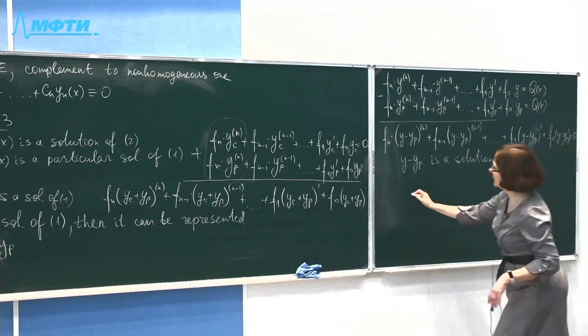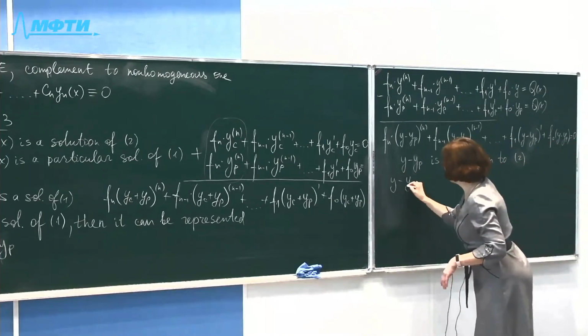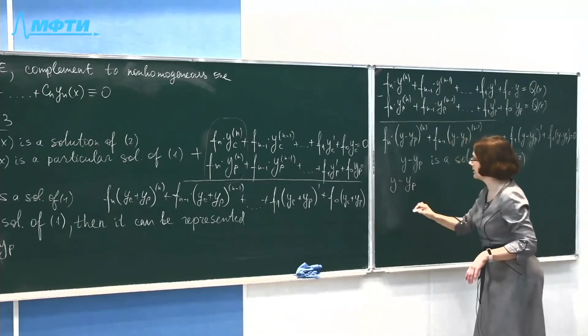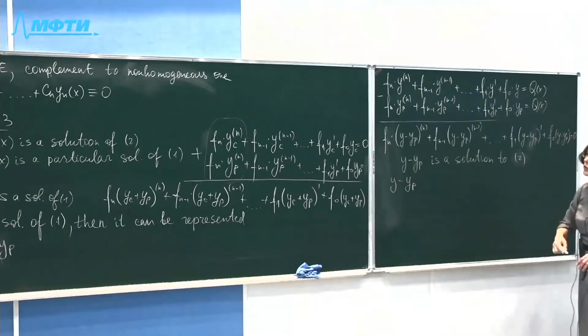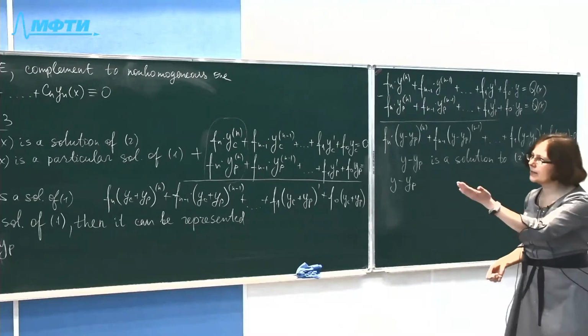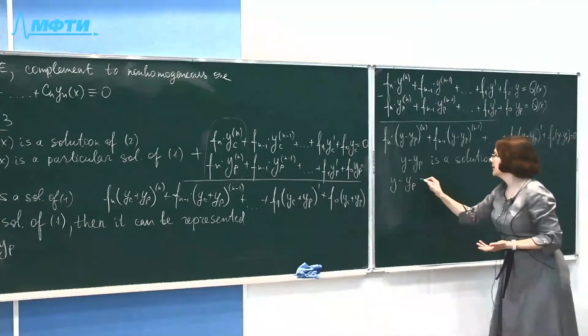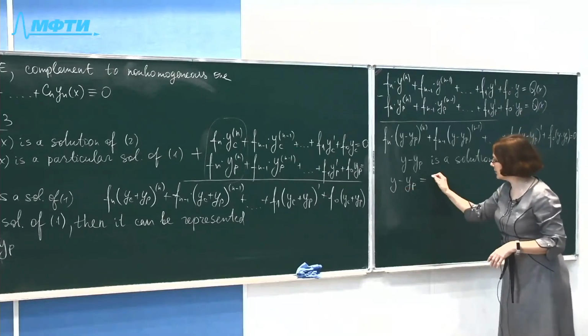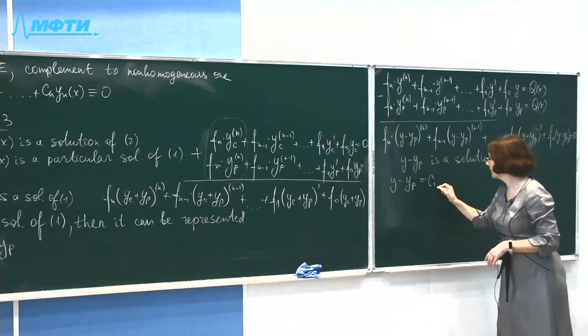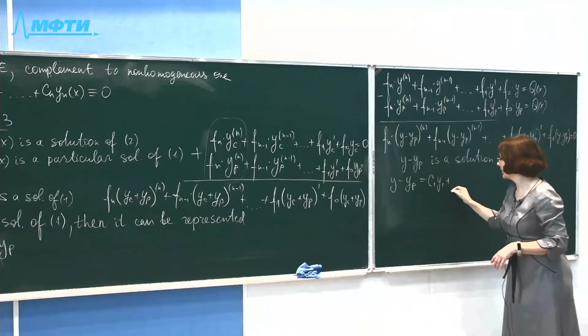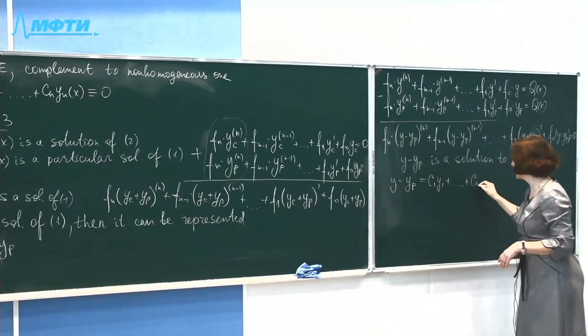But we know that the n-parameter family of solutions of 2 has the form of a linear combination of n linearly independent functions. So we know that y minus yp equals c1 y1 plus dot dot dot plus cn yn.